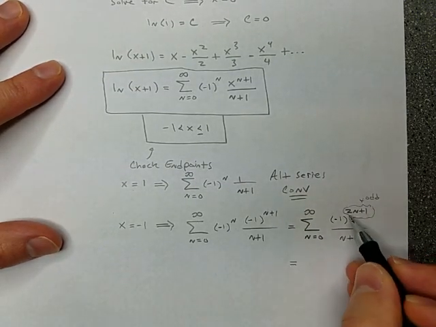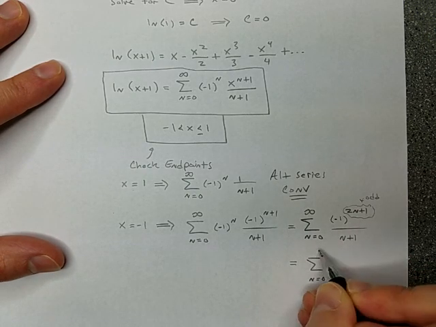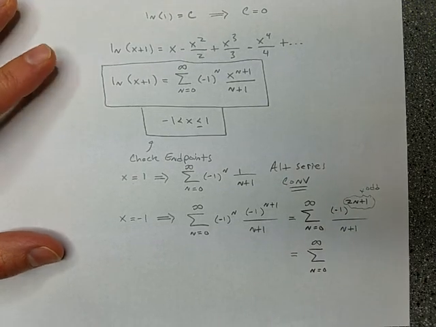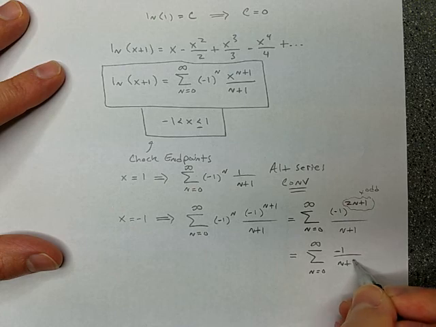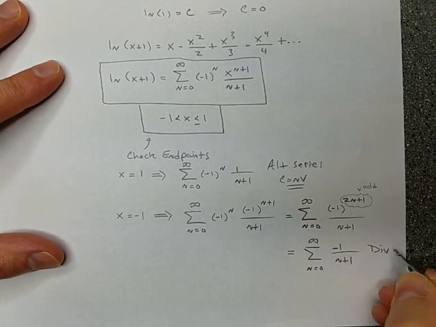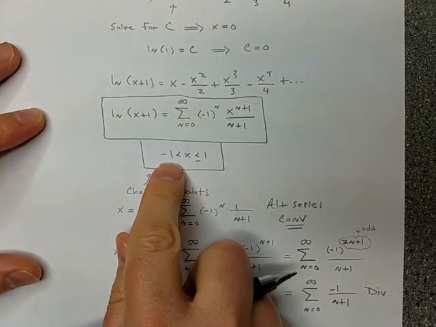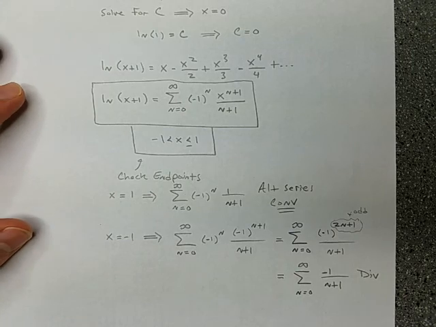And if that power is always odd, that's just negative 1. And this series diverges. So we don't include negative 1 in the interval of convergence. It's just that we include the 1.